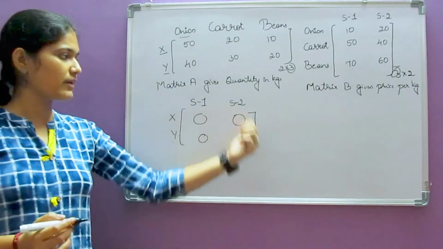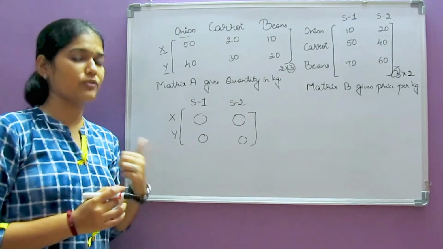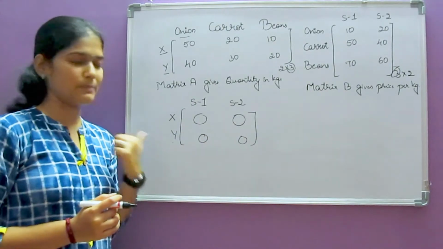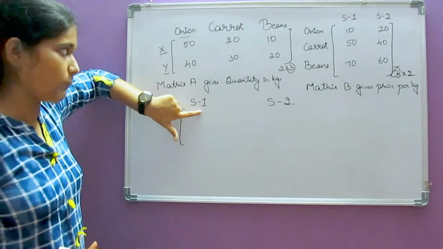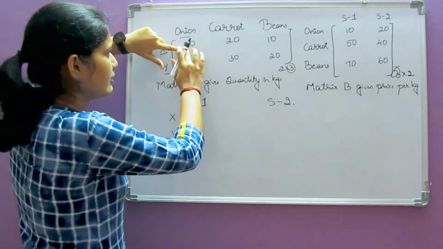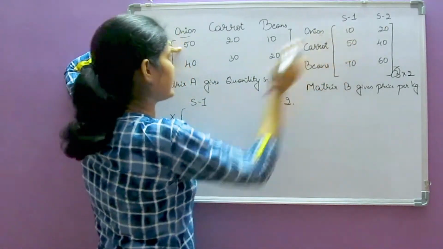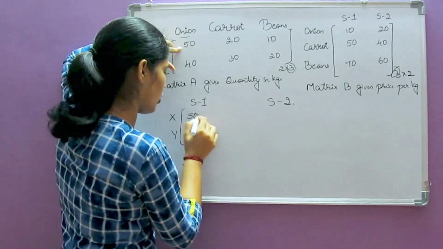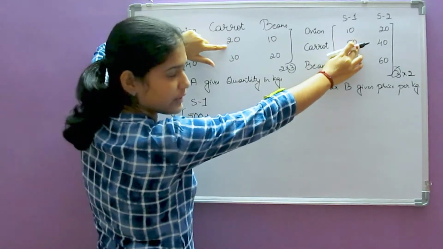So let's find out all these entries. This will give us which shop will be cheaper for which person. If person X buys his product in shop 1, then it will be 50 kgs into 10 rupees per kg. It will be 500 for onion plus 20 kgs into 50 rupees per kg.